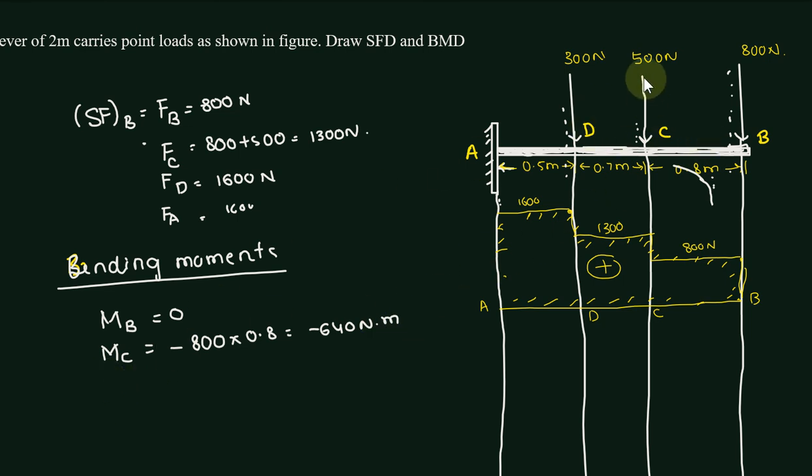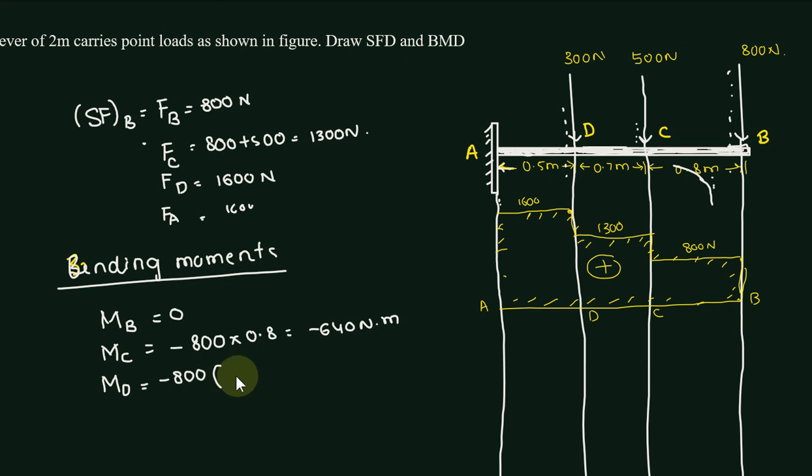Now, if you see 500 multiplied by 0, because there is no distance up to C for the 500, we are neglecting that. You will get clarity if we find the bending moment about D. This is 800 multiplied by the distance up to D. How much? 800 into 0.8 plus 0.7. That is also negative bending moment.